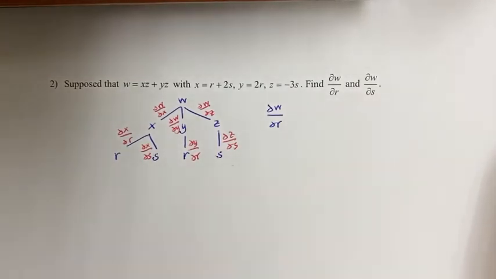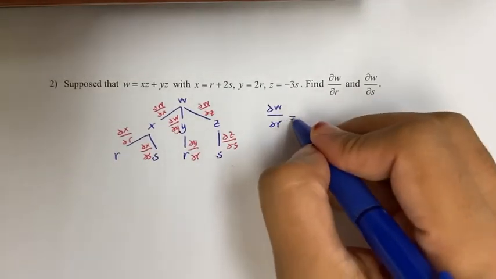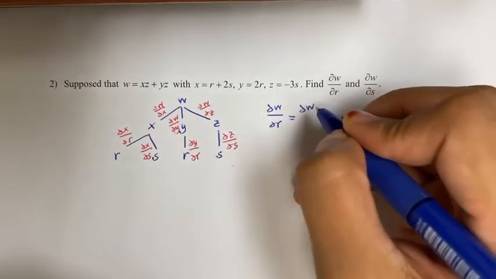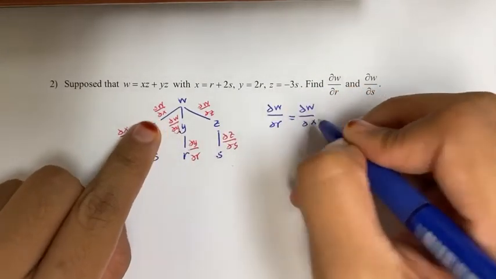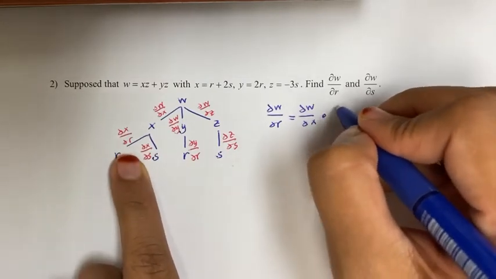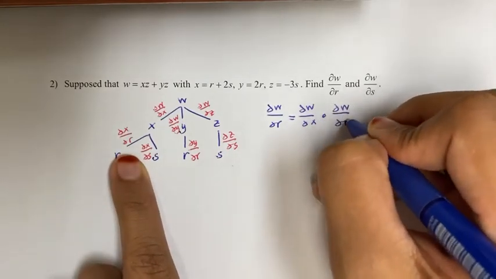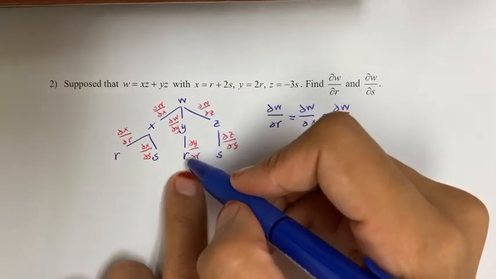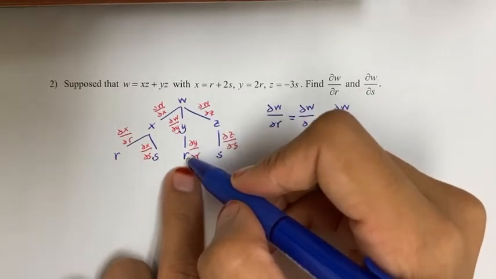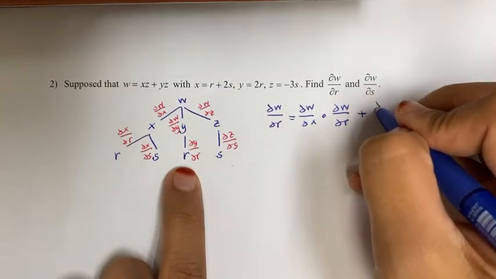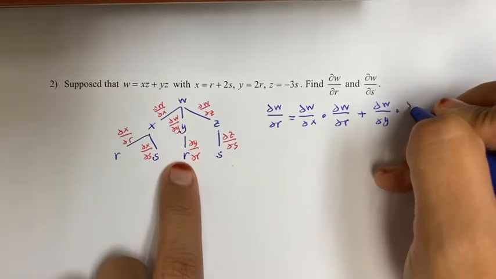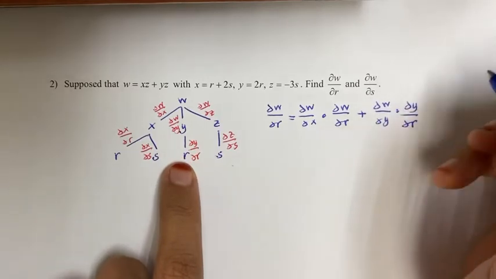So del w over del r: you have del w over del x first, multiplied by del x over del r, and then you have another r here, so plus del w over del y multiplied by del y over del r.